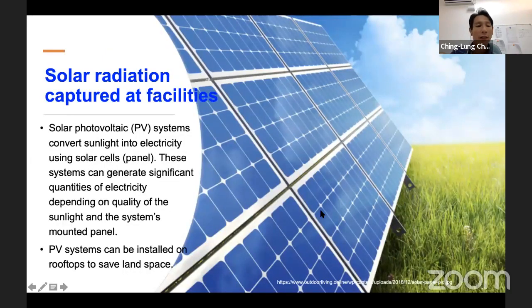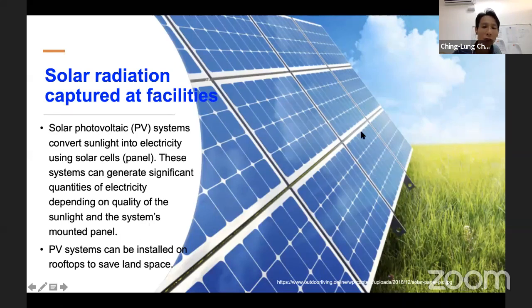Okay, and this is the solar radiation capture at a facility. The solar photovoltaic system converts sunlight into electricity using solar panels. This system can generate a significant quantity of electricity, depending on the quality of the sunlight and the system of the mount panel.